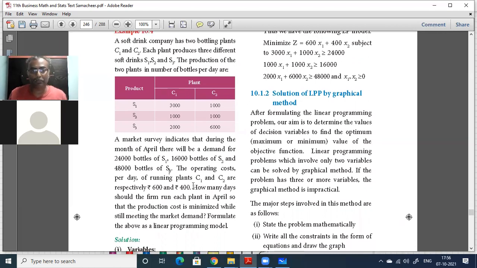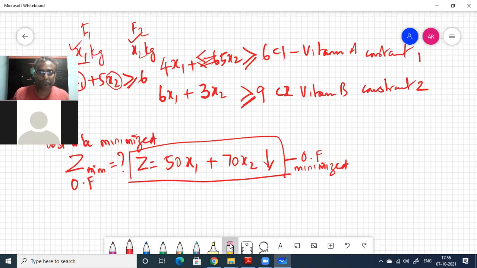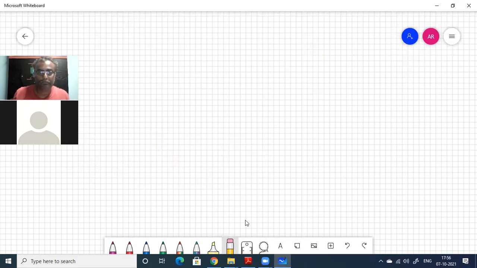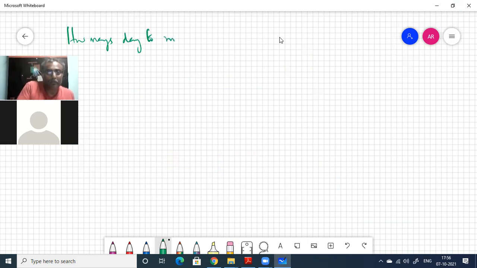Now we come to the decision variables. What are the decision variables? How many days to run plant C1, that is X1.